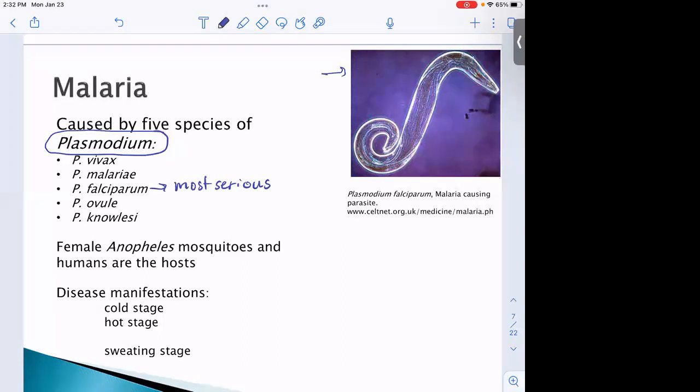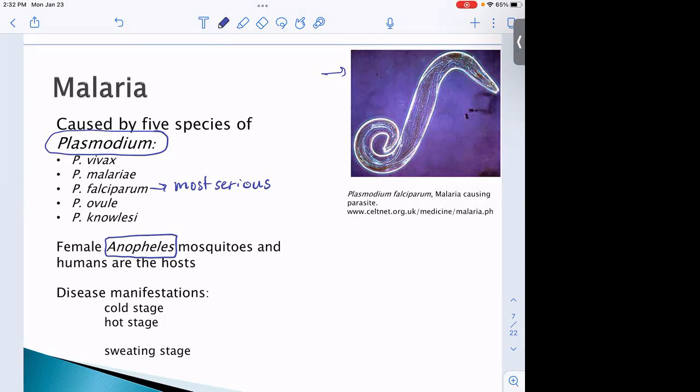But all of these Plasmodium protozoa are carried by a certain kind of mosquito, ones in the genus Anopheles. Okay, so Anopheles mosquitoes, and it's the female ones that transmit the protozoa, because it's only the female mosquitoes that are taking blood, that are biting people. They need that blood to nourish their eggs.